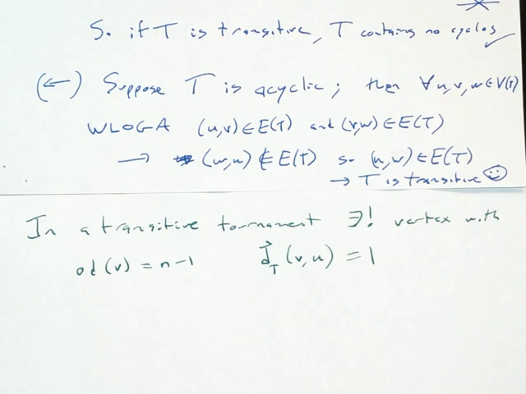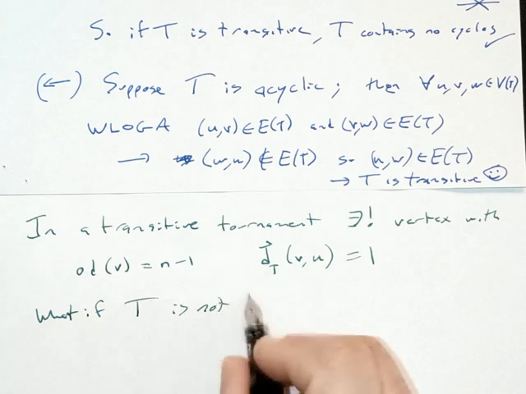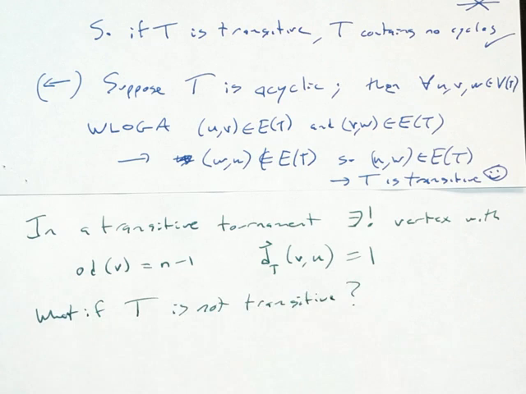What if it's not transitive? Go back and look at page 170 or at our two triangles, tournaments of size 3 or size 4 that I already drew. Well, it turns out that that vertex with largest out degree might not be n minus 1 this time.